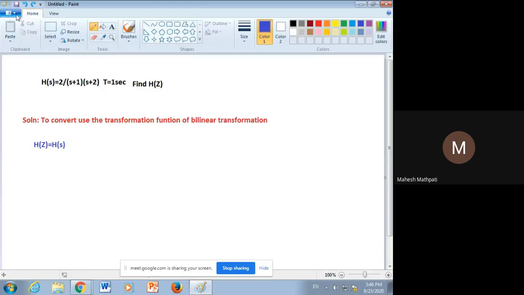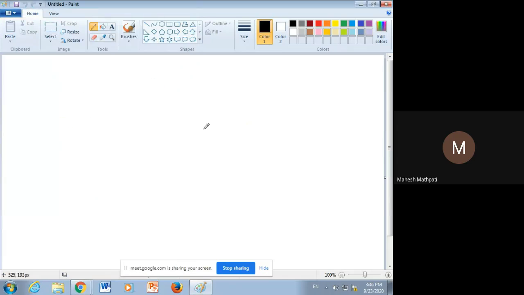Now, let's move to this part. So what we have written here is h of z equals to h of s, where this s is replaced by the value s equals 2 by T into (1 minus z inverse) divided by (1 plus z inverse).